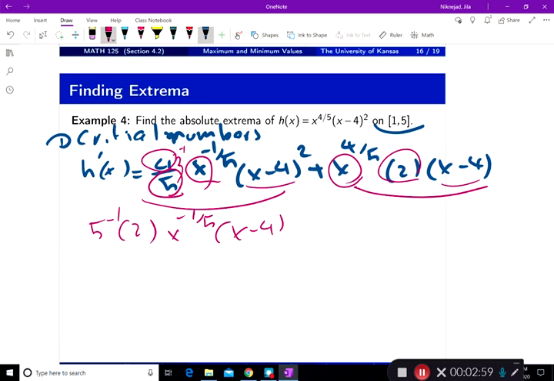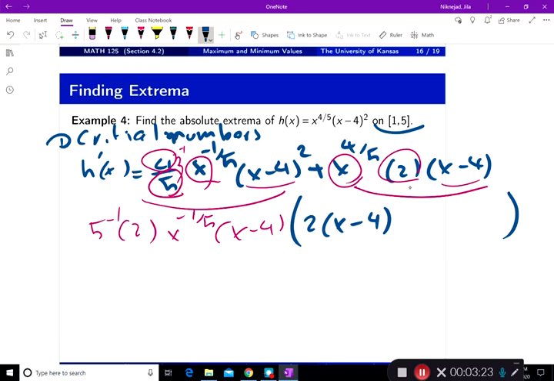So what is remaining now? Out of the first term, I factored everything but a 2 over here and an x minus 4 over there. And out of the second one, I factored the 2, I factored x minus 4, and I also factored 5 to the power -1.